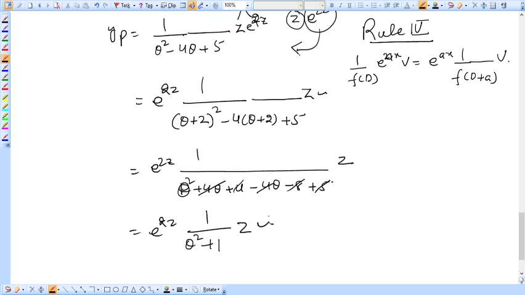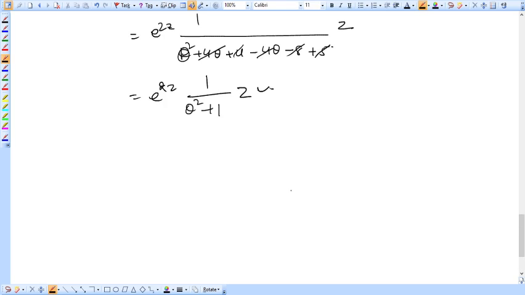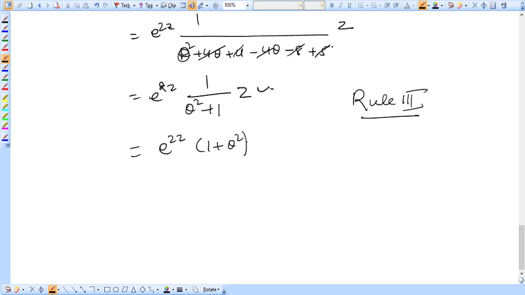Now we can apply the binomial theorem. Now you are going to apply rule 3 here, where we apply the binomial theorem on the denominator of the inverse operator, right? So it is equal to e to the 2z, which can be written as 1 plus theta square inverse, equal to e to the 2z, 1 minus theta square plus theta 4 and so on, because we are not in need of this.